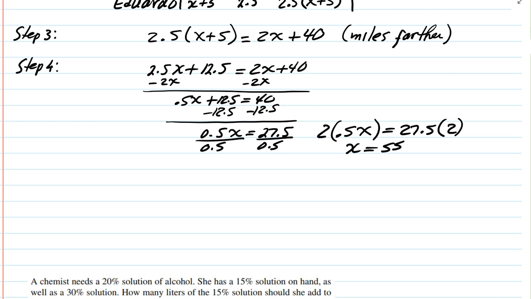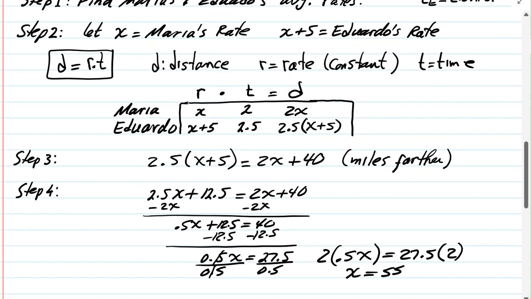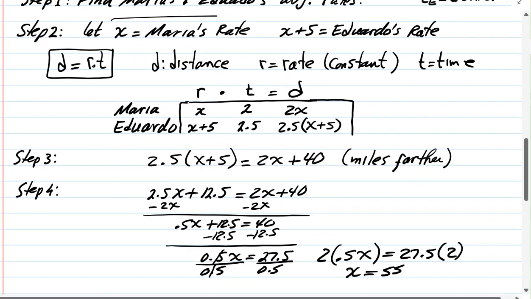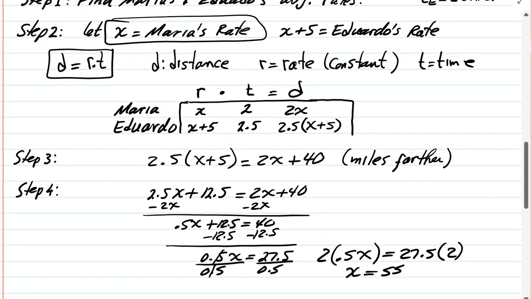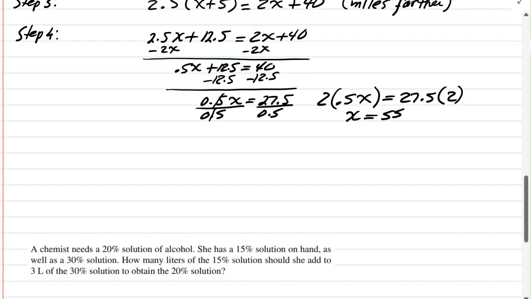Okay, so that's going to be the value of x. Remember when we declared the variable, x was Maria's speed. Okay, so that's what we just found.